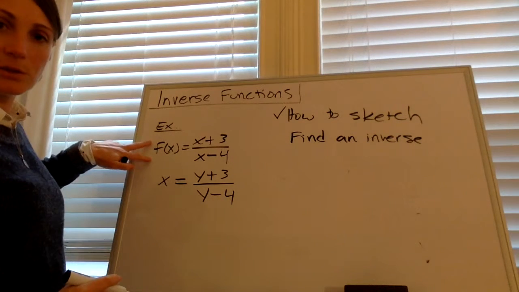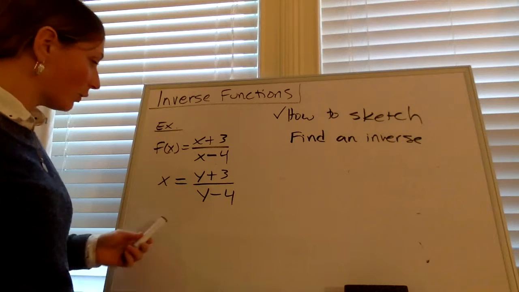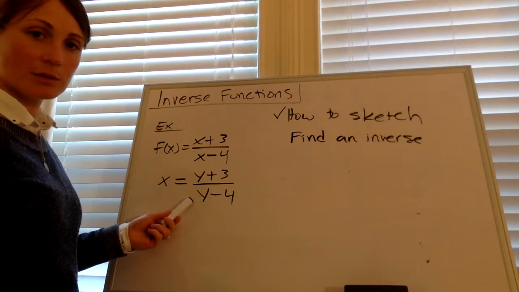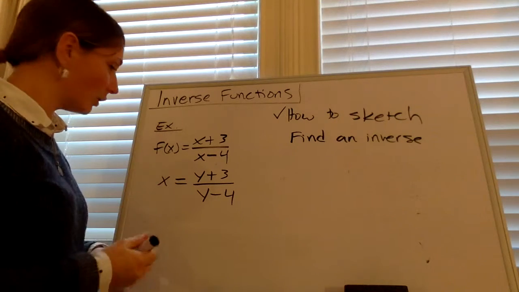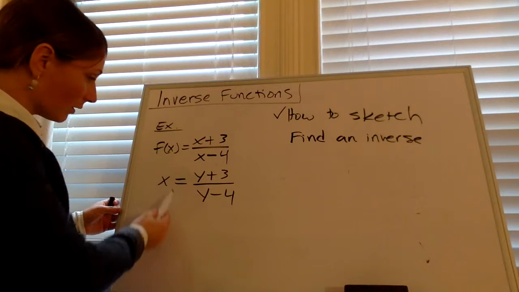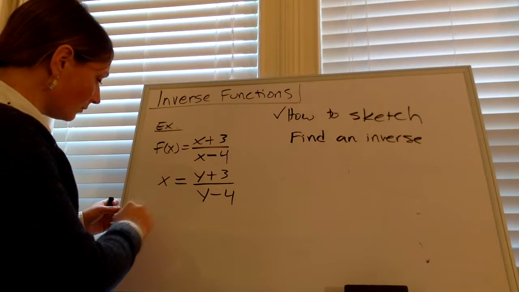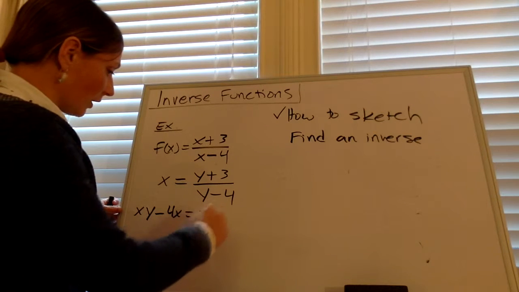Remember, f of x is just like y. Okay, so I'm going to switch the roles of x and y. Then, of course, we don't want to leave the equation in this form. I'm going to want to solve it for y so that I could use it afterwards. So now I have to just solve this for y. I'll cross multiply. I get xy minus 4x is y plus 3.